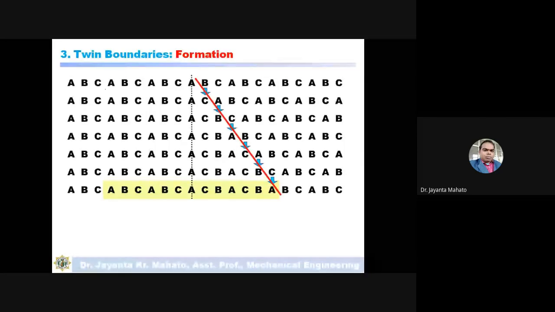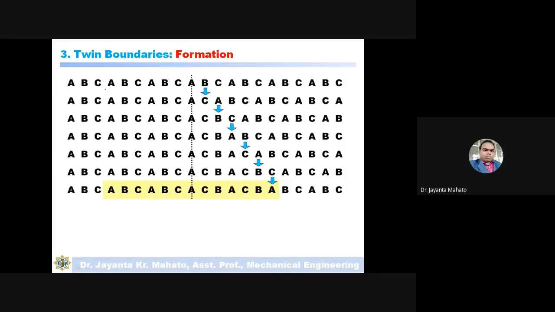In case of FCC metal, the regular arrangement is ABC, ABC, ABC, in this way.